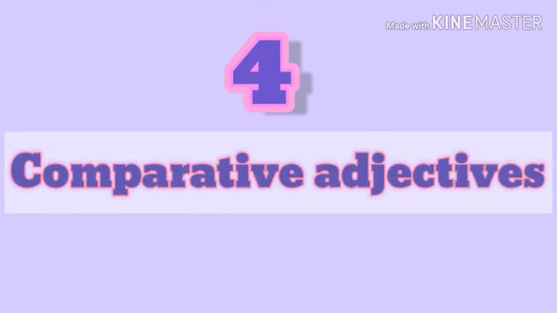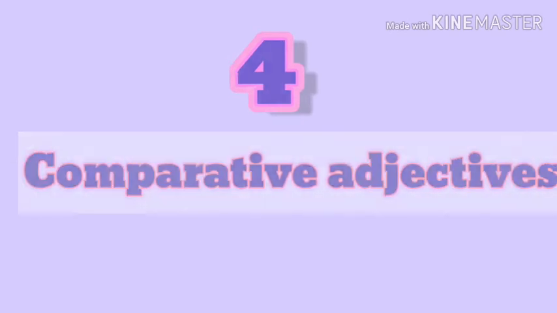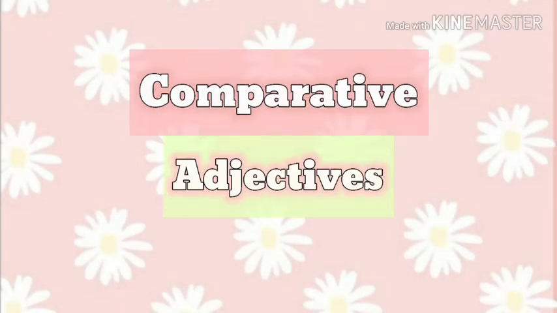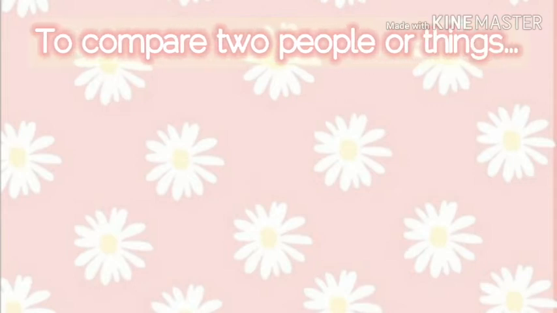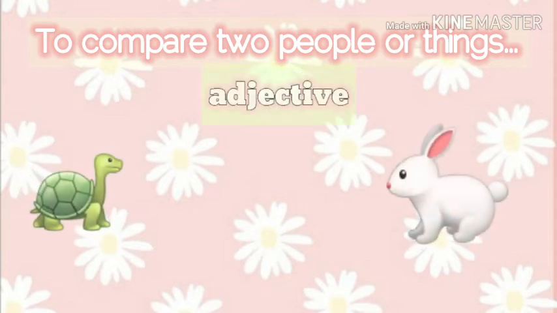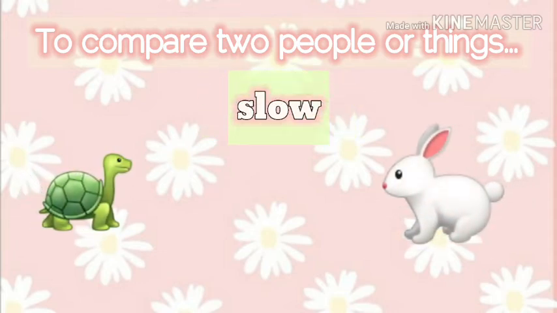And now, dear students, let's learn about comparative adjectives. Comparative adjectives are used to compare two people or things. Let's compare the tortoise and the rabbit using the adjective slow.